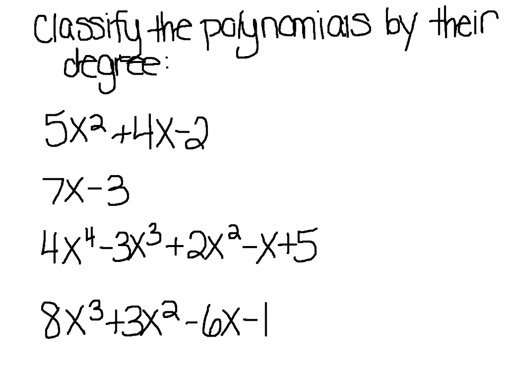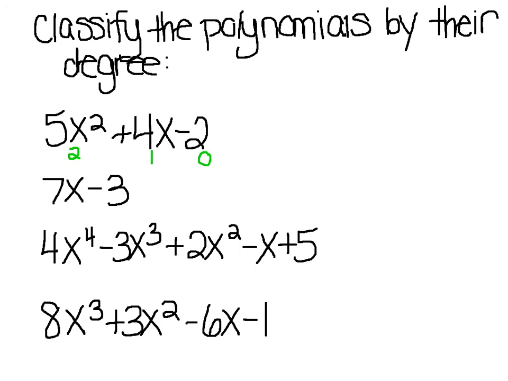So looking at this, let's do one example together, and then I'm going to have you pause the video. So I want you to classify the polynomials by their degree. This first one, I see that the first term has a degree of 2, second one has a degree of 1, and remember I said that the degree only counts when you're finding the exponents of the variables. There are no variables in this last part, so the degree is 0.